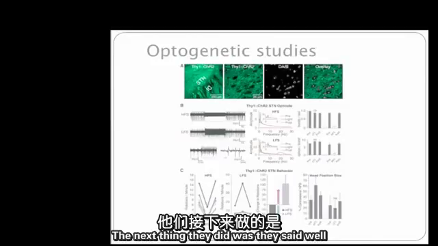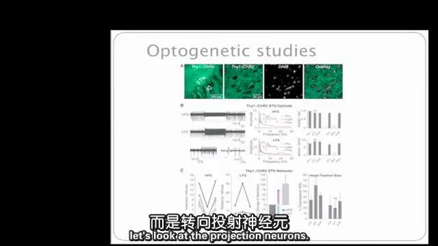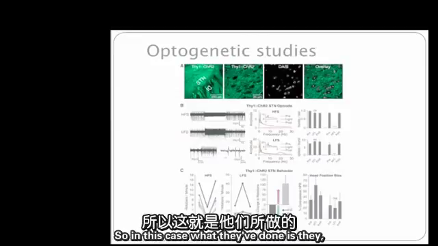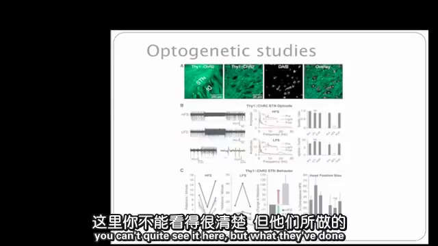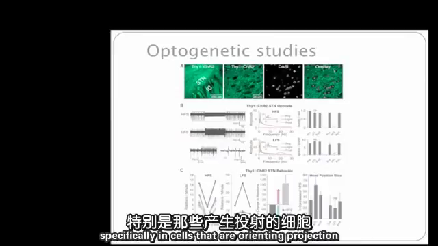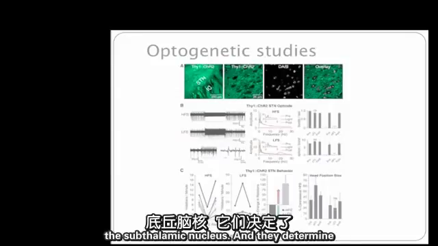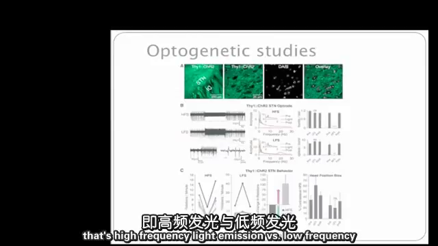The next thing they did is, they said, well, let's not look at the subthalamic nucleus, let's look at the projection neurons. In this case, you can't quite see it here, but they expressed the channelrhodopsin specifically in the projection axons, the pathways leading up to the subthalamic nucleus, and they determined the effect of high-frequency light stimulation versus low-frequency light stimulation.